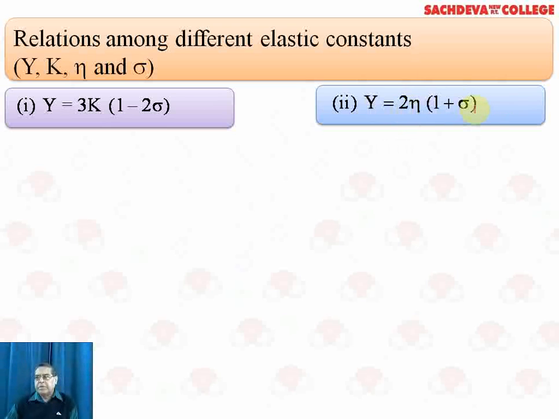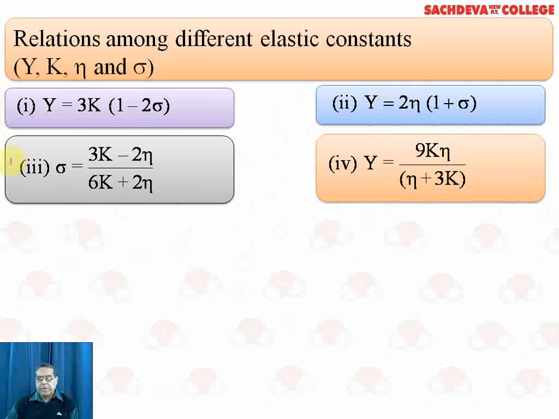Poisson's ratio will be beta over alpha. Beta is the transverse strain and alpha is the longitudinal strain. And strain means the change in shape to the original shape. The third formula: Poisson's ratio can be given by 3 times the bulk modulus minus twice the modulus of rigidity, divided by 6 times the bulk modulus plus 2 times the coefficient of rigidity.